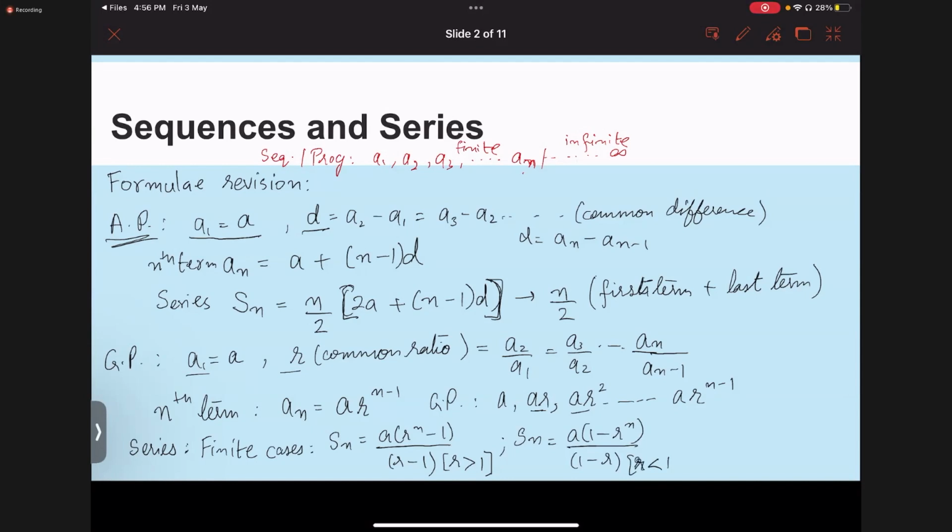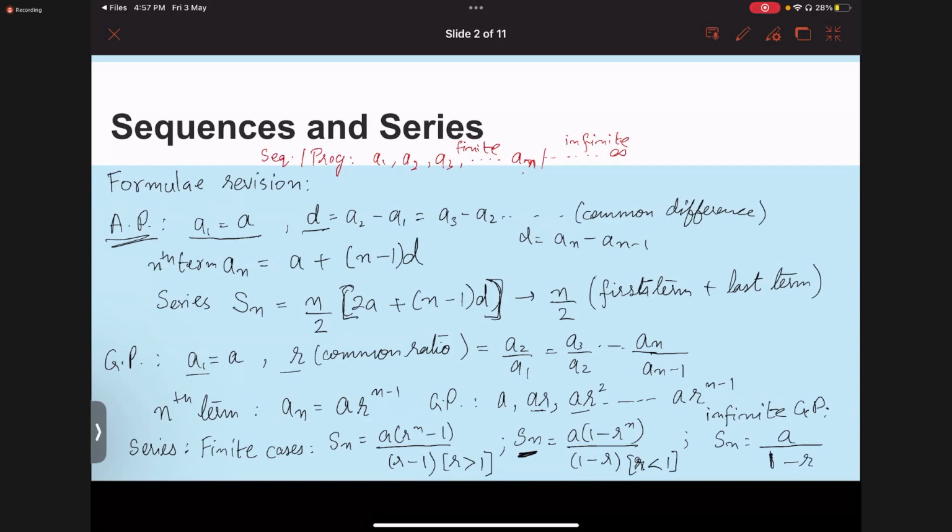So mostly if your r is a fraction or a decimal, then you can use this formula. And the next one you have is when you have an infinite GP. You can find the series as a upon 1 minus r.